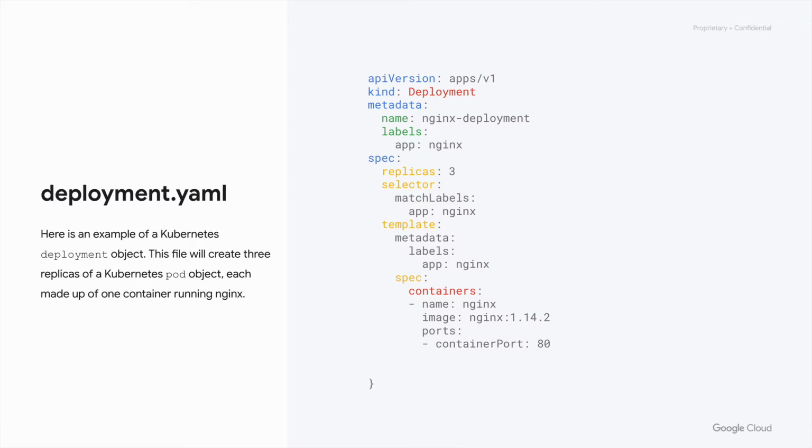You can see the type of Kubernetes object that we're creating, a deployment, highlighted in red on the second line. And if you look toward the bottom of the file, you'll see another red highlighted section called containers, which defines what application or container we're actually running. In this case, the containers that will be managed by this deployment are running Nginx.